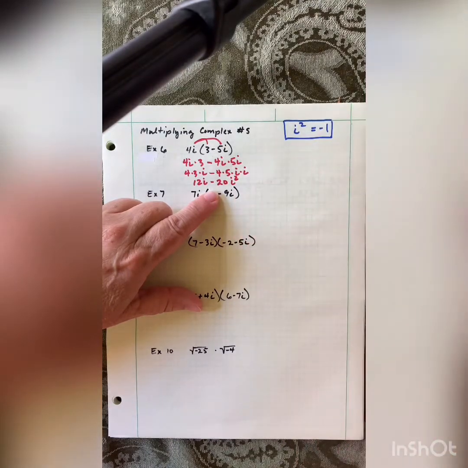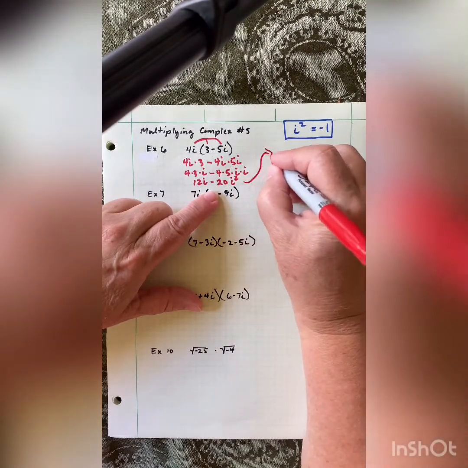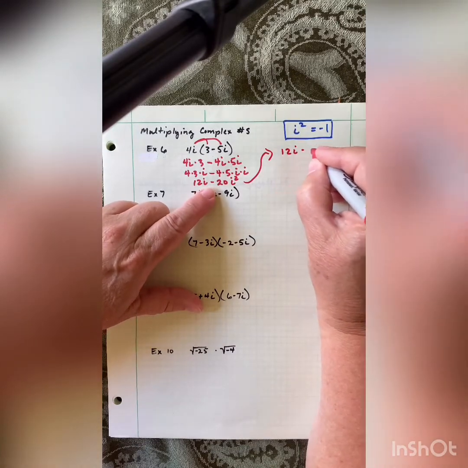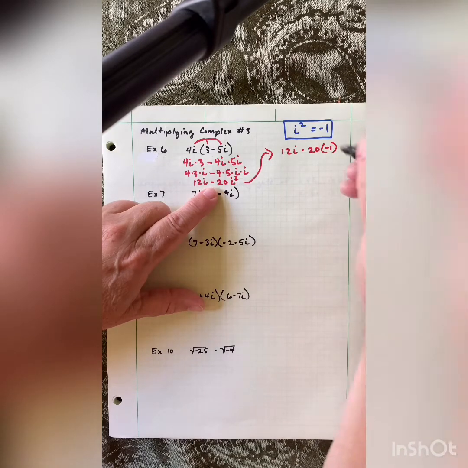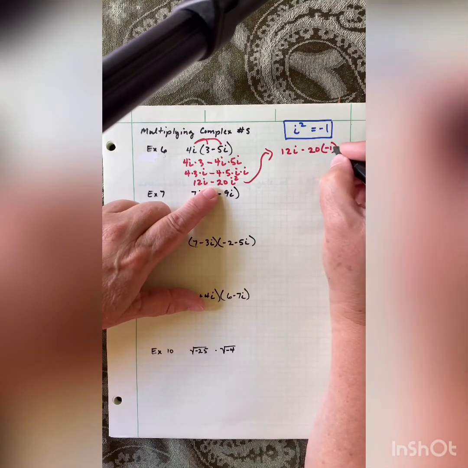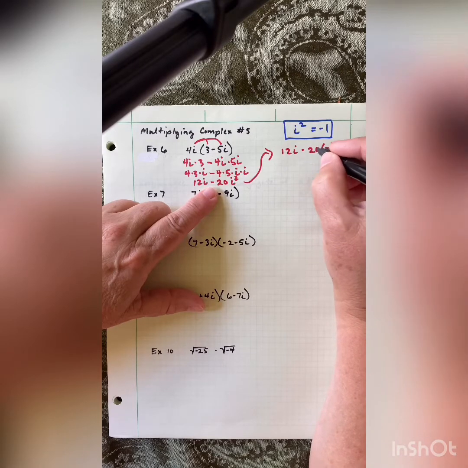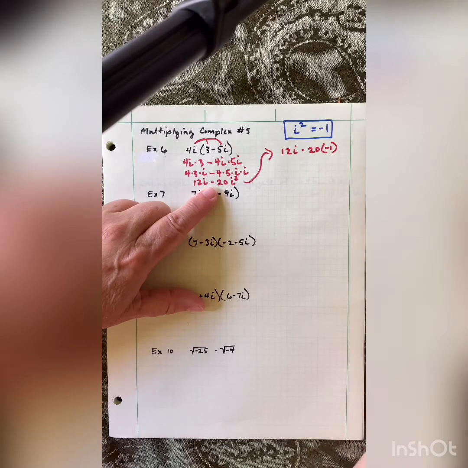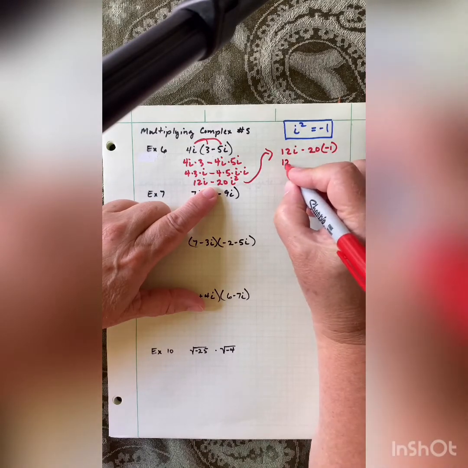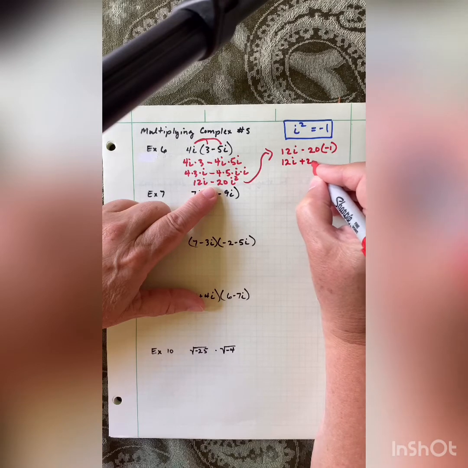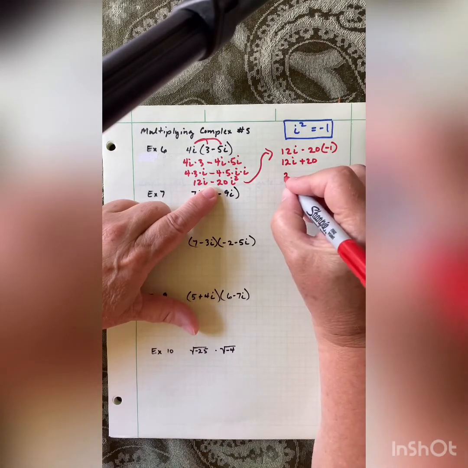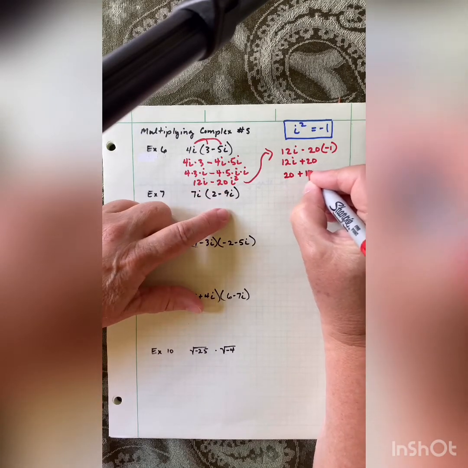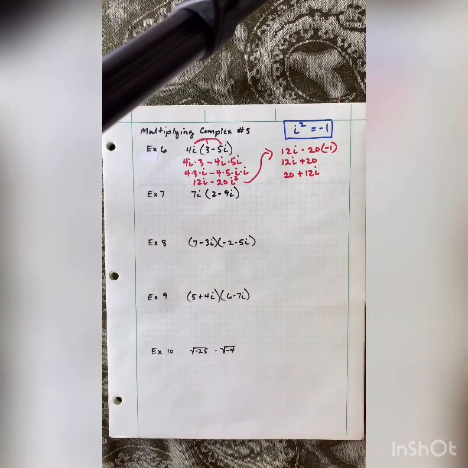Okay, so this really becomes 12i minus 20 times the -1. So -20 times -1 gives me a positive 20. So now I have 12i plus 20, but this isn't in standard form. Our real part has to be first. So we have 20 plus 12i right there.